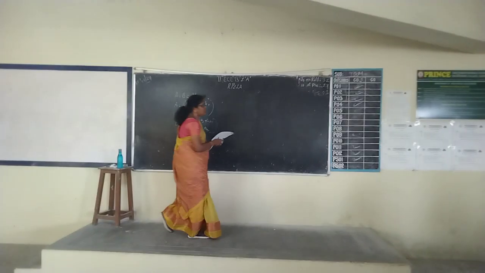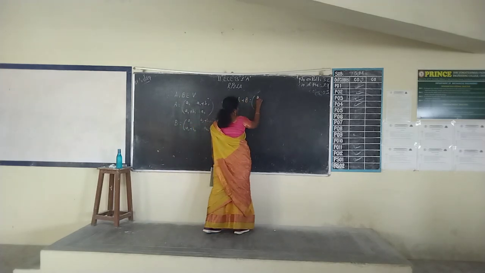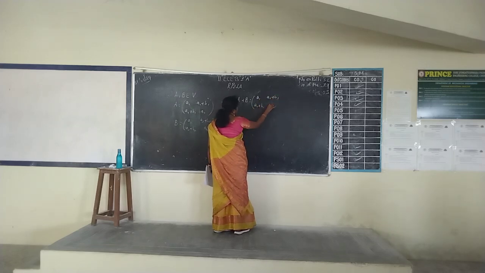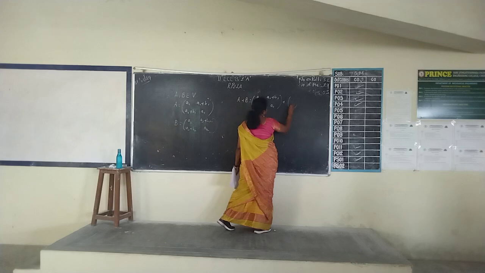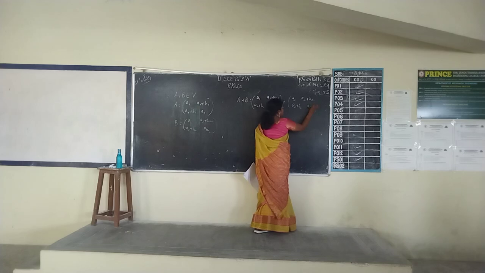Commutative means you are supposed to prove A plus B should be equal to B plus A. So start with the LHS, A plus B, which is the sum of the two matrices.